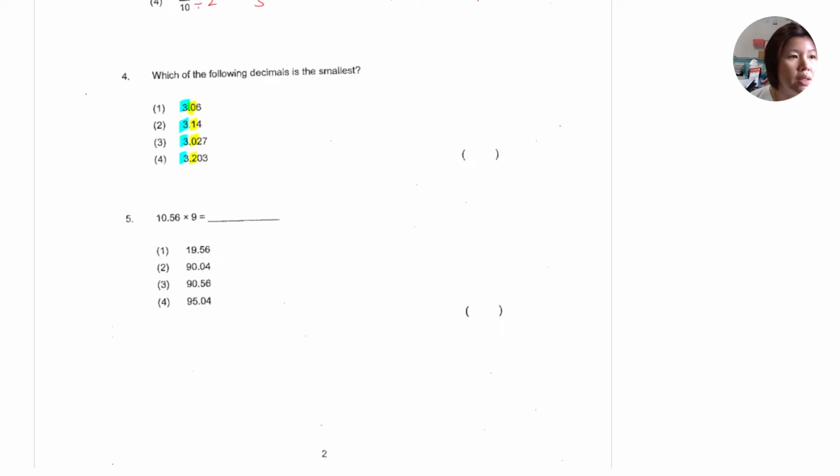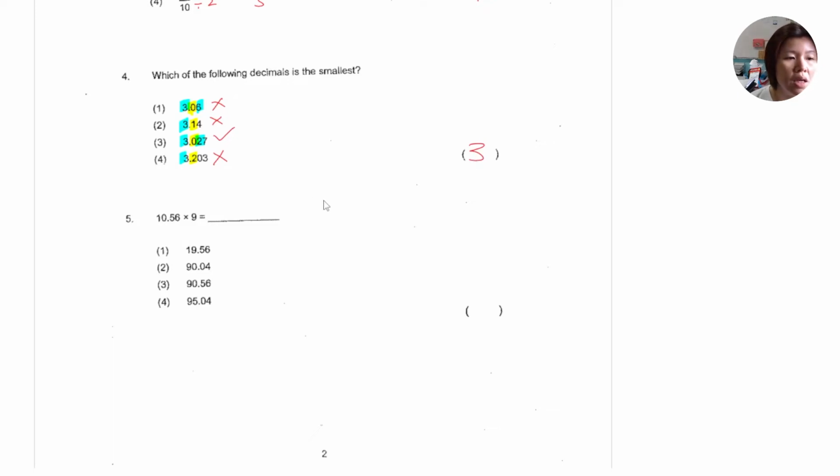So meaning this one is bigger and this one also. Let's look at number 1 and number 3. And then let's look at the next digit, which is 6. And the other digit is 2. So meaning 6 is bigger than 2. So I will eliminate. The answer will be 3.